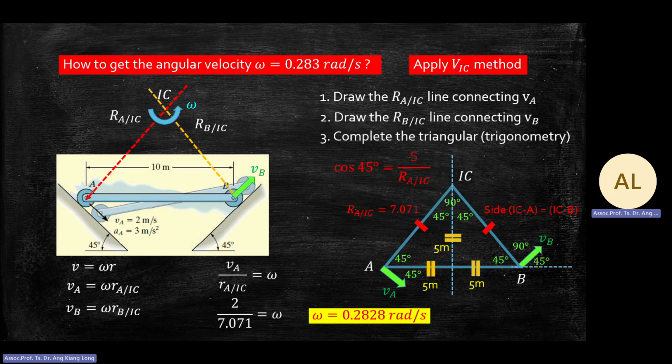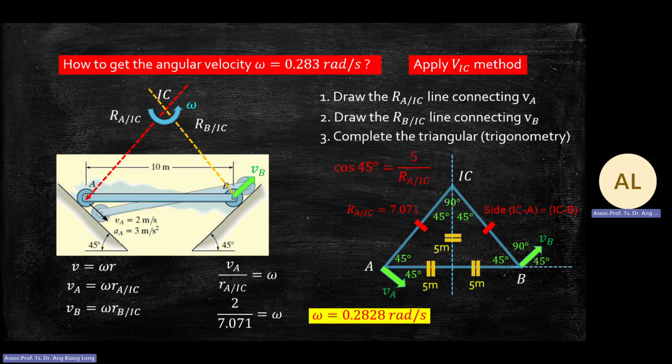Now, how to find the R length, the RA/IC length and the RB/IC length? Trigonometry, which I show on the right hand side here. You have 10 meter at the bottom and you have the same side. How do you know it is the same side? Because you have 45 and 90 degree here. We have 45, so we have 45, 45.